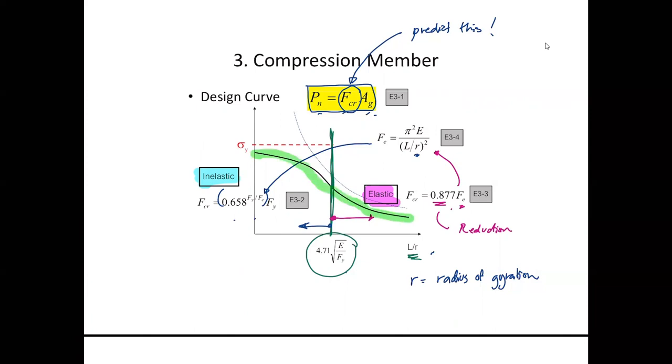So the question is, what is that load? In order to know the load that will cause your column to buckle, we need to first determine what kind of buckling is going to occur with this column. So we determine this ratio, and now we know our KL over r is less than this. So we know that the buckling is going to be inelastic buckling, and the load that will cause this buckling should be predicted by this formula.